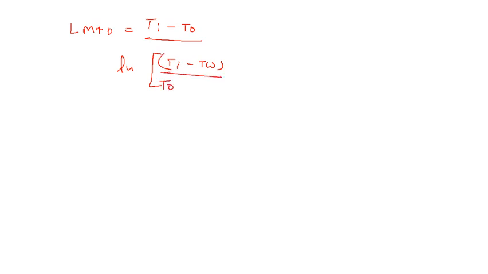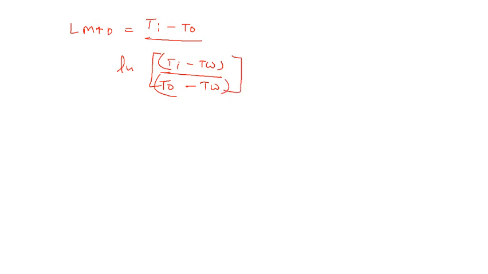To find out the LMTD, we can use the relation Ti minus T naught divided by ln of Ti minus Tw divided by T naught minus Tw.